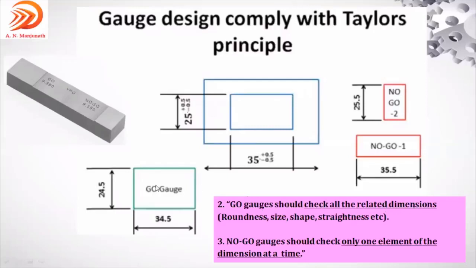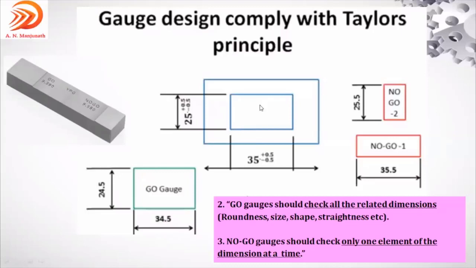See in this example, this is the go gauge. Only one go gauge is there here, right? Because it is a rectangular hole, a rectangular component, at this point of time, by using this as a gauge, if we insert it into this component, this gauge, as the name represents, go, has to pass into the component.